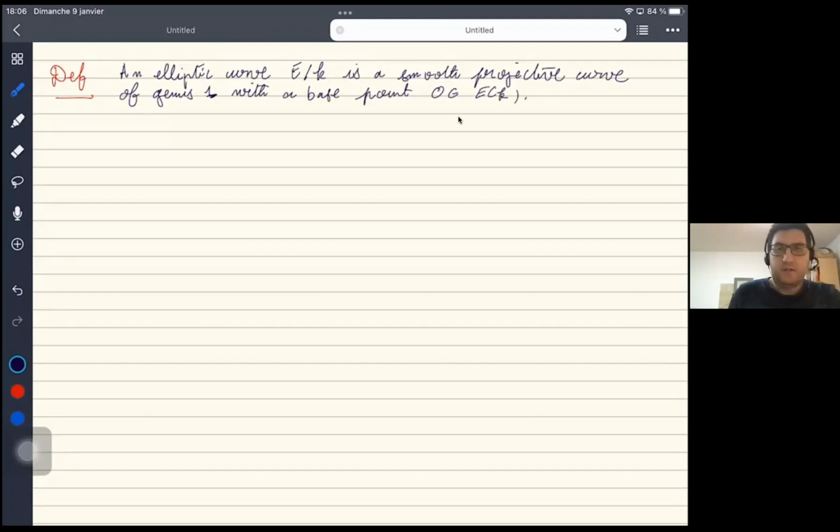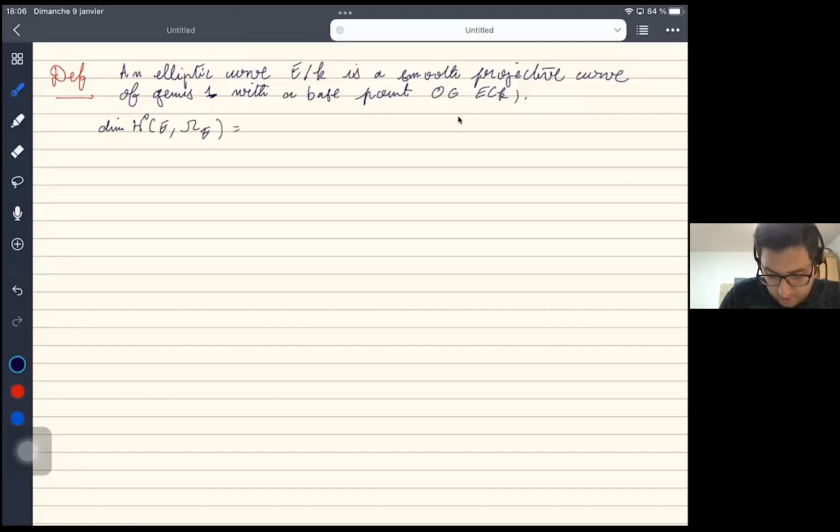I will give examples and then you can think just about the examples if you don't know the terminology. The precise definition is a scheme of dimension 1 over K, which is smooth and projective and of genus 1, and it has a base point, I mean, a K-point.